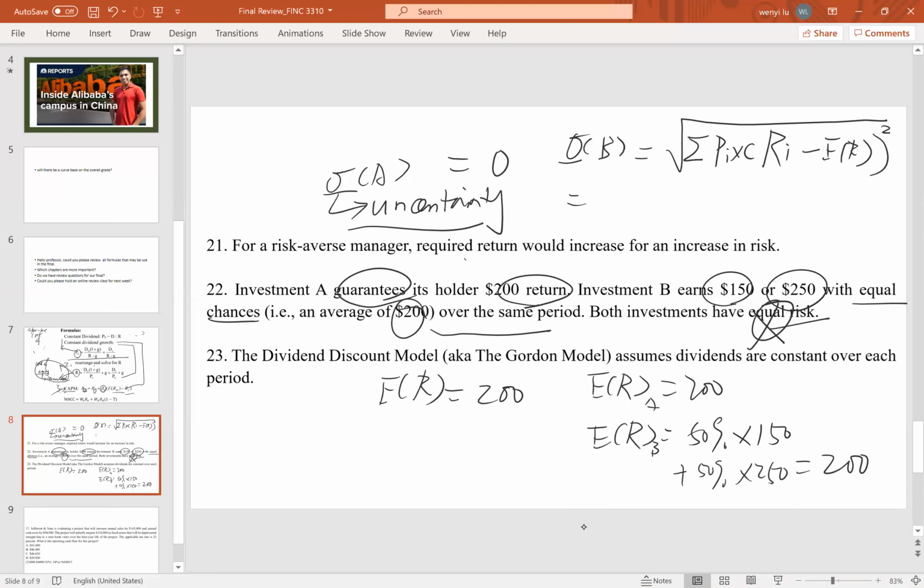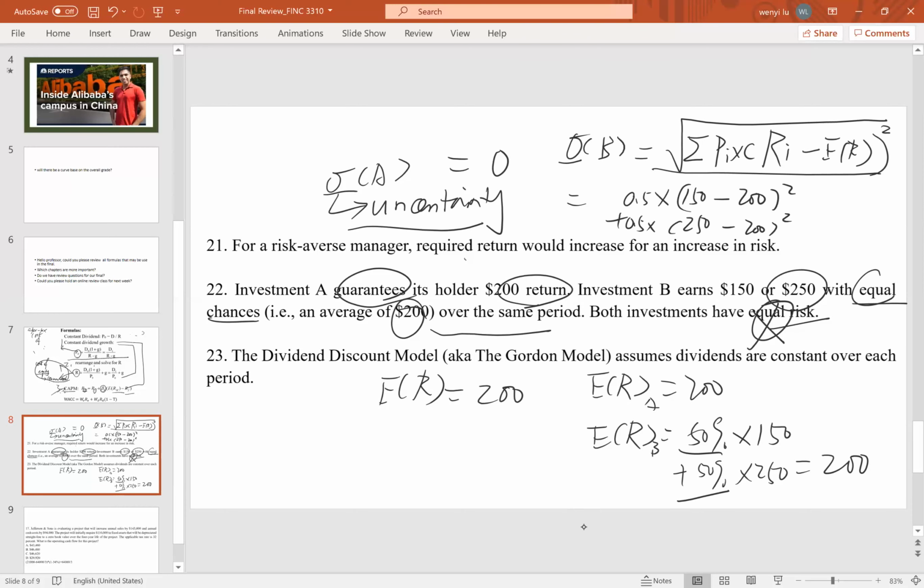So let's apply these equations to our case. There are two possible outcomes for our B investment, each with equal chance, which means 0.5. So 0.5 times (150 minus 200) squared, plus 0.5 times (250 minus 200) squared.